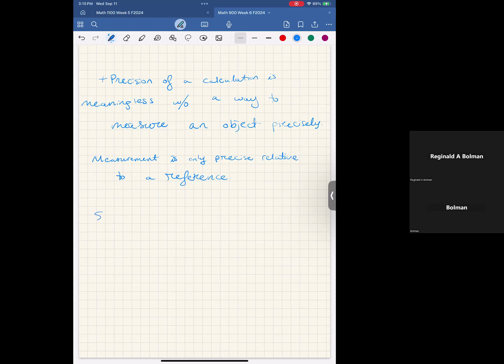Okay, so since there exist 12 inches in a foot, our ability to measure the inch is relative to our ability to measure the foot. We would have to take the thing that's exactly 1 foot long, cut it into 12 equal pieces, and then take exactly one of those pieces, and that is an inch.